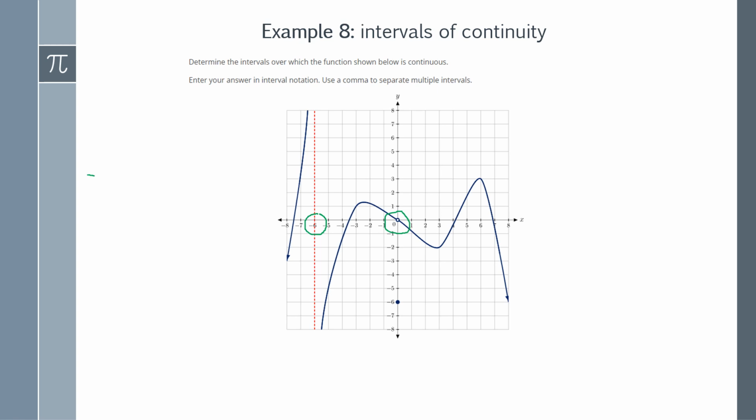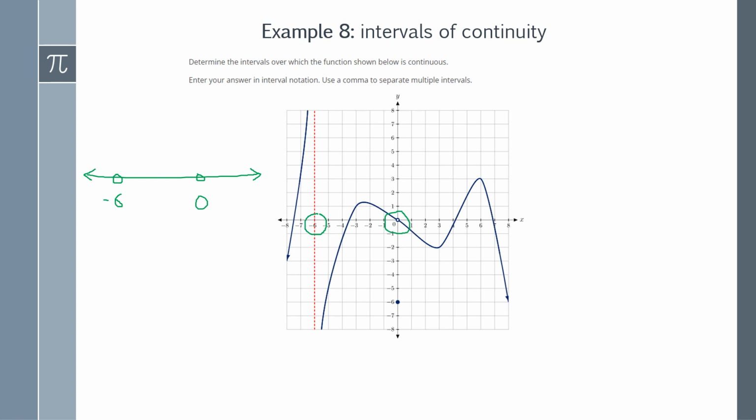Okay, and I'm going to make a graphical representation of what we're looking for. Let's have this real line here, and I'm going to exclude -6, and also I'm going to exclude 0. If I exclude those, now I can write my answer in interval notation, and it looks like NumAlta is also asking you to use commas to separate multiple intervals.